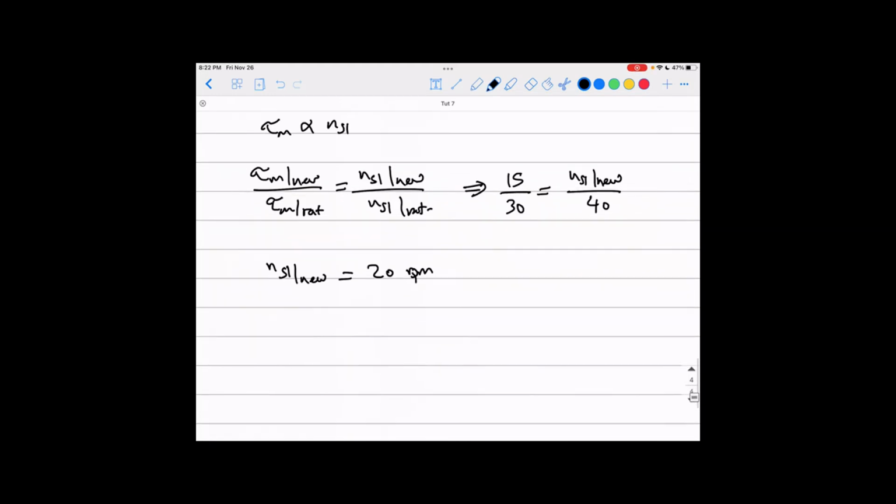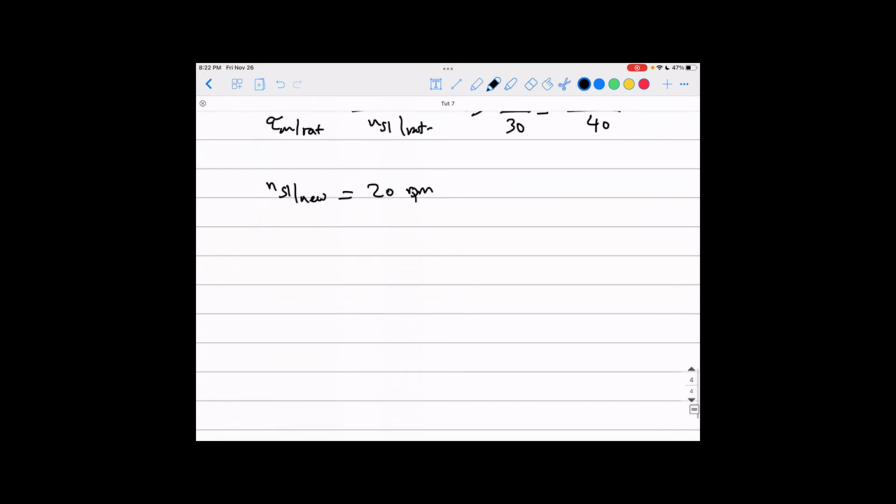And from now we just go like the previous steps, okay? It should be easy now. From here you can find the new synchronous speed equals the new mechanical speed plus the new slip speed. That equals 980 plus 20, equals 1000 RPMs, okay?